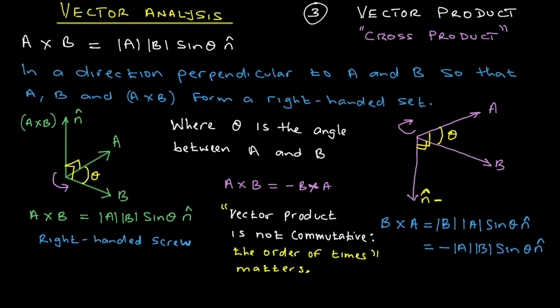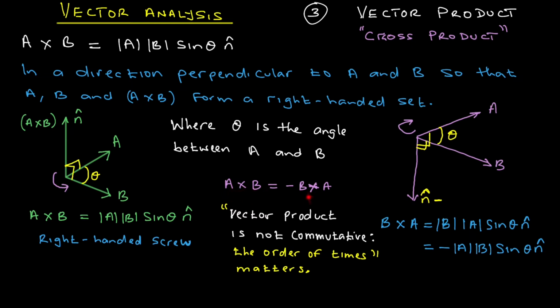This is coming in the left, where A cross B is the modulus of B times the modulus of A, sine theta n. The hat on top of n indicates it's a unit vector, and this can be written as minus the modulus of A, modulus of B, sine theta n.